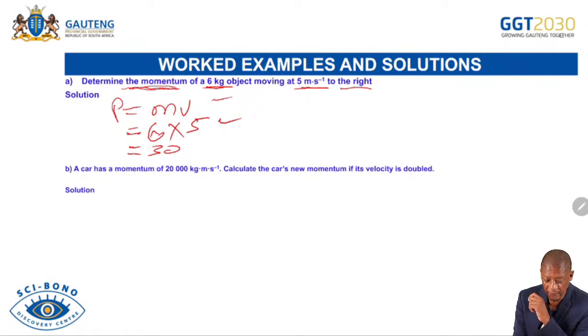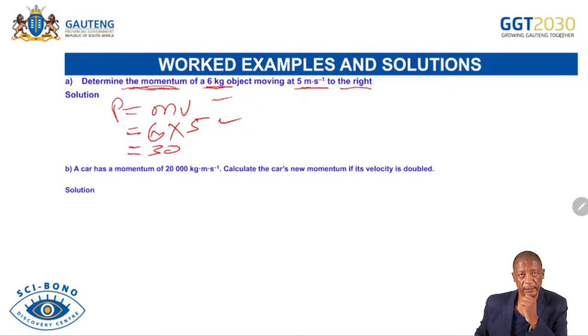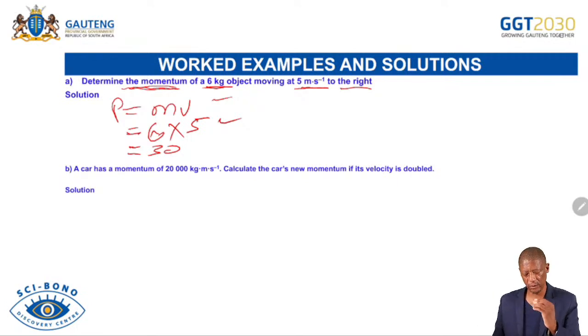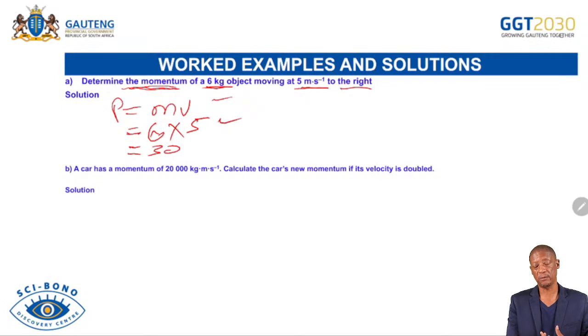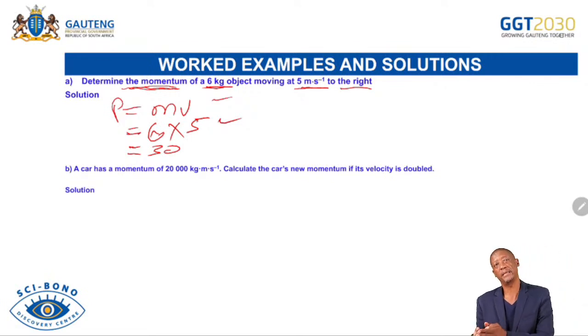If you don't have the SI unit, you leave it like that, then it's going to be 2 out of 3. You'll be penalized. So please, learners, be careful. SI units are very important. They are telling us what it is that you are calculating. Remember, as I was calculating on my left-hand side, I was not writing P. But your answer will tell me exactly what it is that you are calculating.